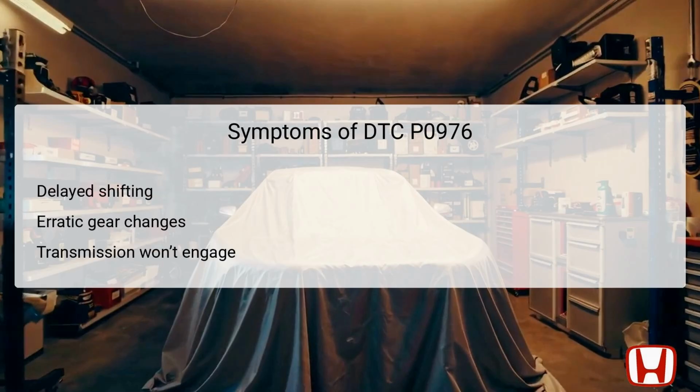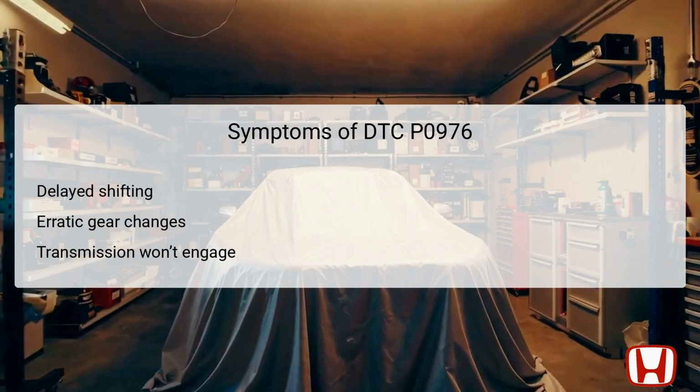Symptoms manifesting from DTC P0976 typically involve problems related to the vehicle's transmission performance. Drivers may notice delayed shifting, where the transmission hesitates before moving to the next gear. Erratic gear changes are also common. The transmission may shift unpredictably or fail to engage properly, resulting in poor engine performance.